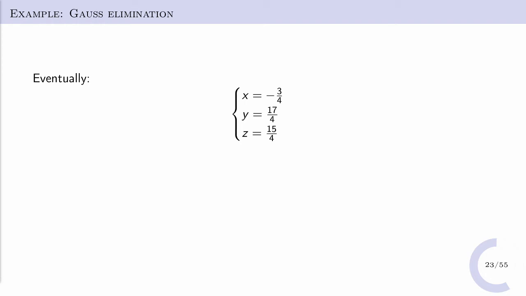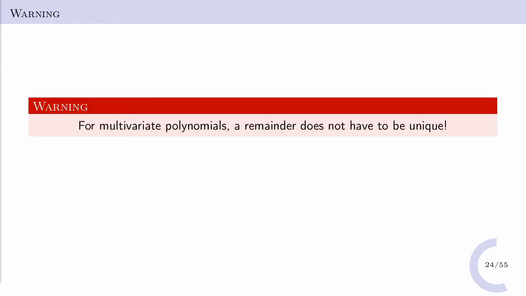However, one word of warning is that in the multivariate case, the remainder of a polynomial modulo a set of polynomials does not have to be unique. Here the things change a bit.